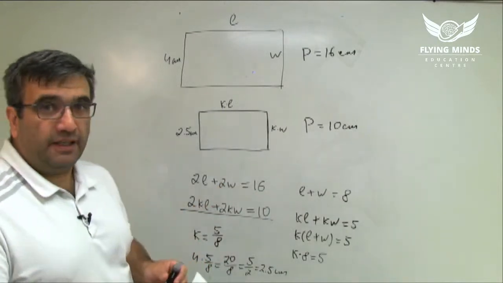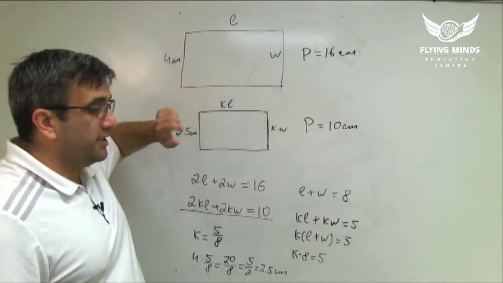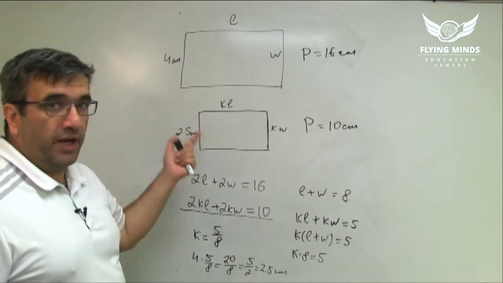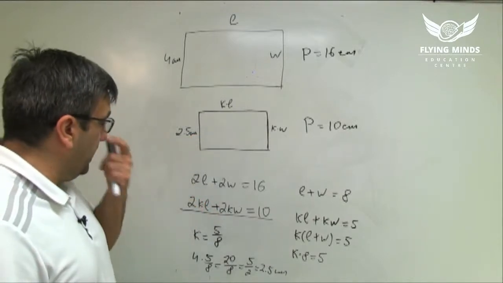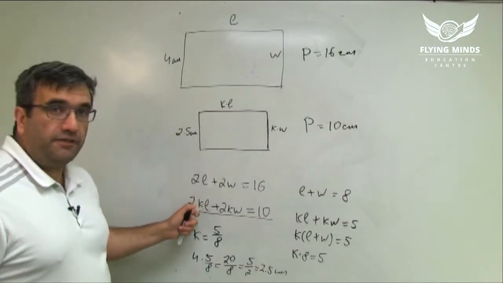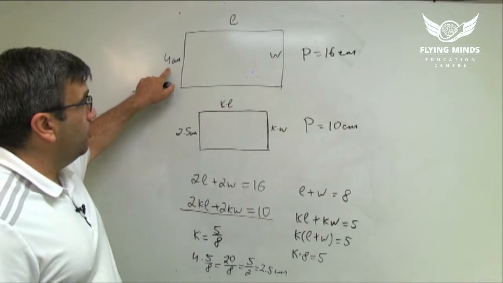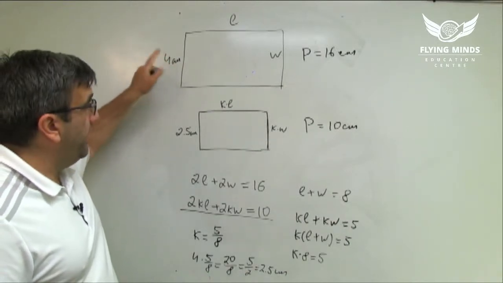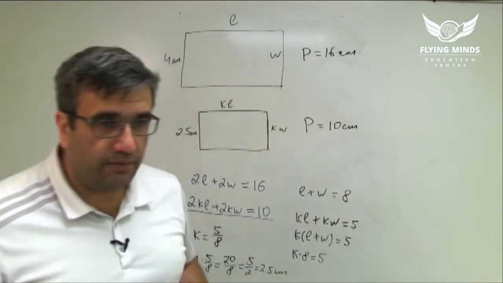It means that there's a scale factor, right? So it's either increased or shrunk. So K can be greater than 1 or less than 1, between 0 and 1. Okay, and this is what we need to find first. We need to find scale factor. We did it. It's 5 over 8, and we applied it to width of the big rectangle, and we got width of the small rectangle.